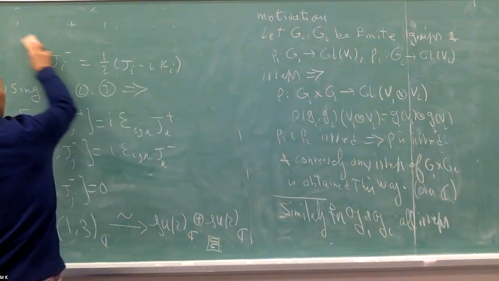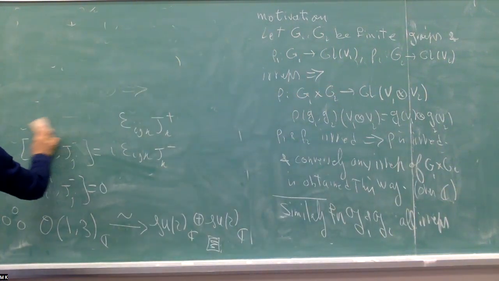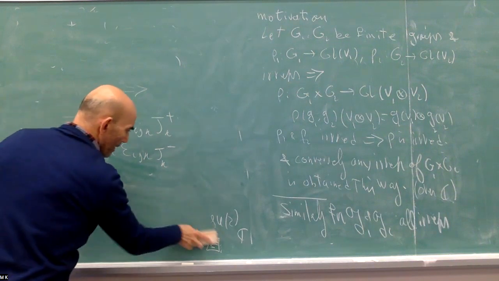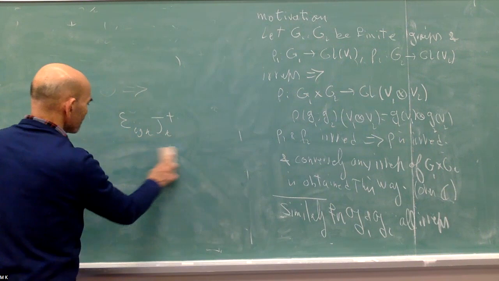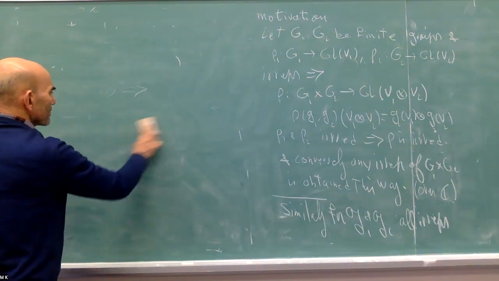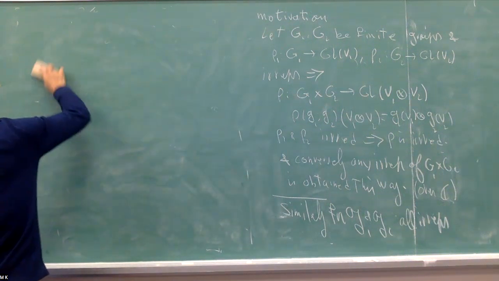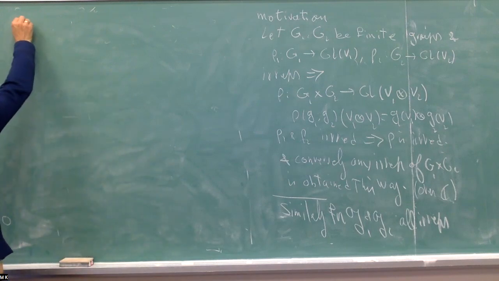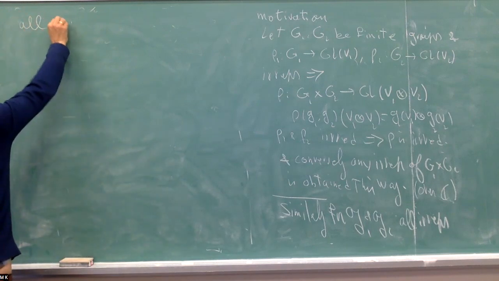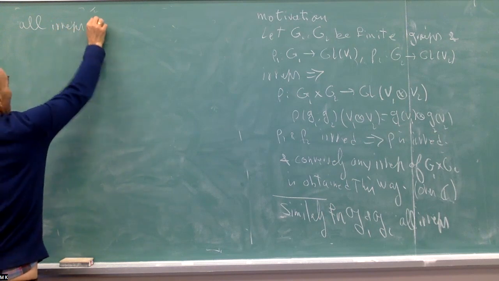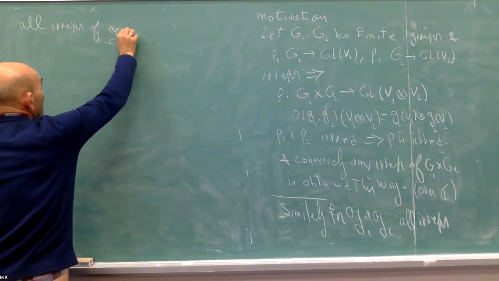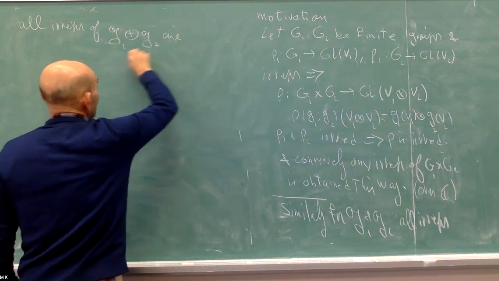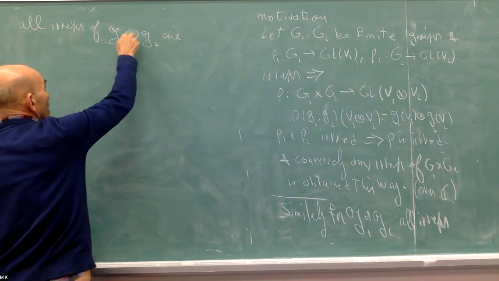So let me write it. All irreps of G1 direct sum G2. You see, I could have said cross product.